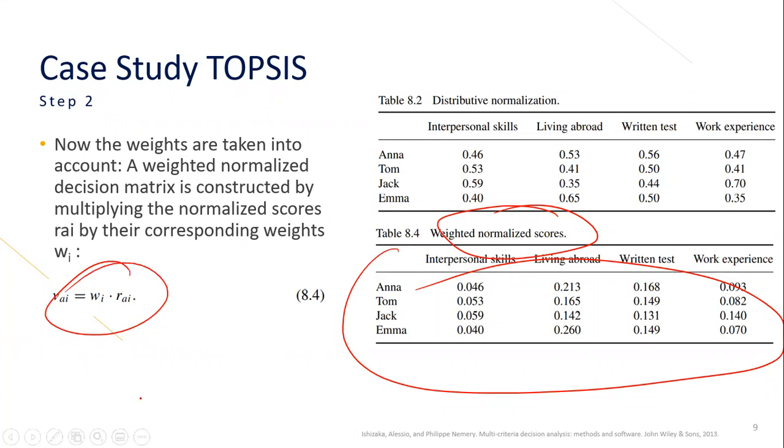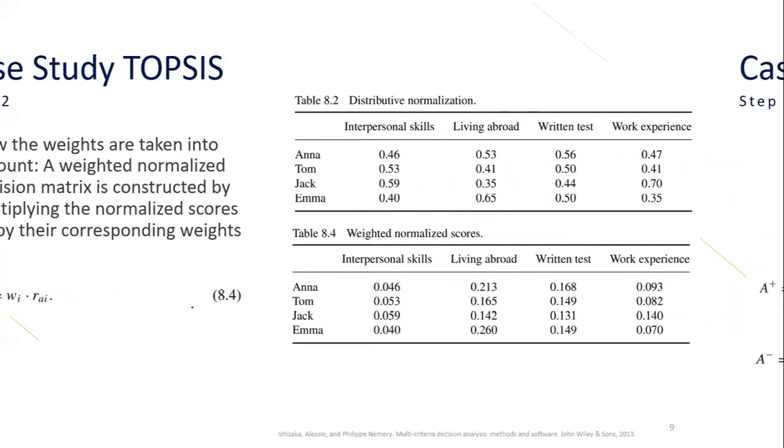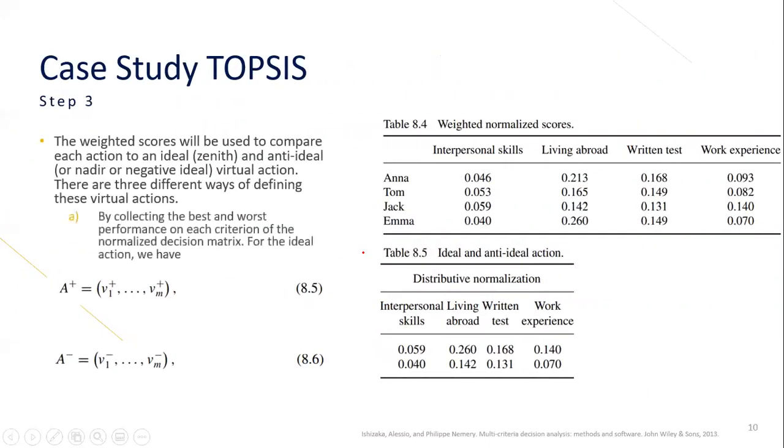Okay, next. After that, now you already have the weighted normalized score. You want to find which one is the ideal solution and which one is the anti-ideal solution. Okay, how do you calculate the ideal solution? Using this formula.